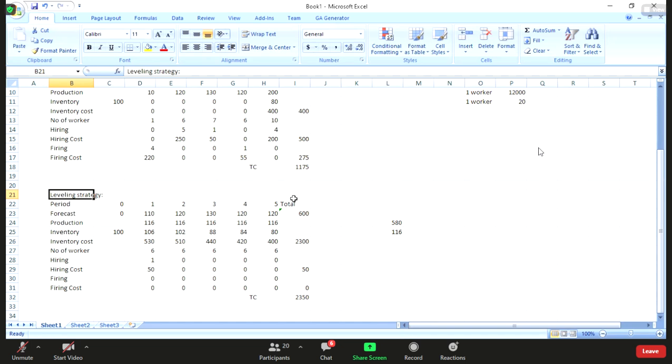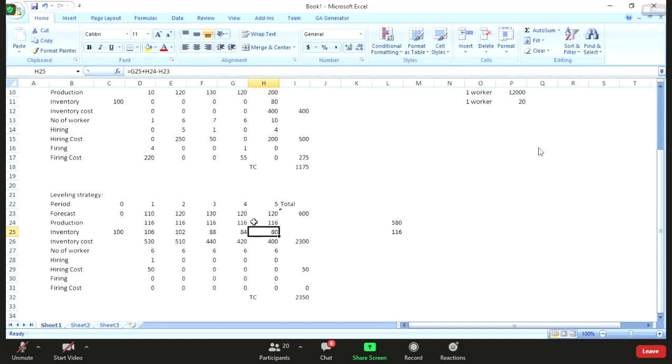The total requirements is 600. Initially, we have 100. So in total, we need how many units? 500. But don't forget, at the end of period 5, the company also expects to have 80 units. So we need to produce 500 plus the 80 units, in total 580 units.